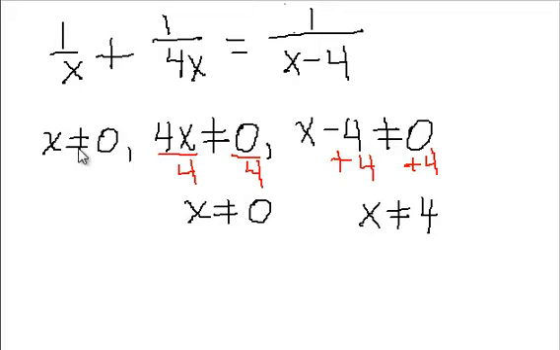And both the first denominator and the second denominator actually give us the same single restriction, that x cannot equal 0. So these are my restricted values.